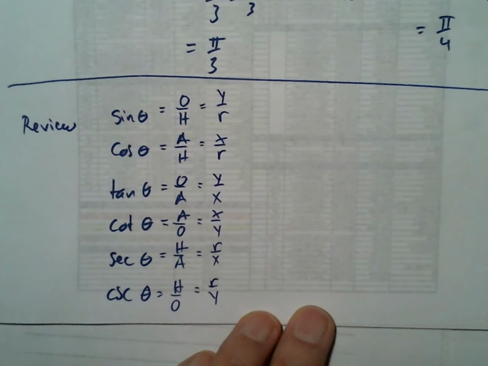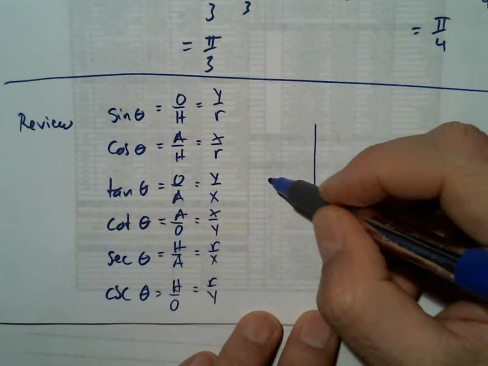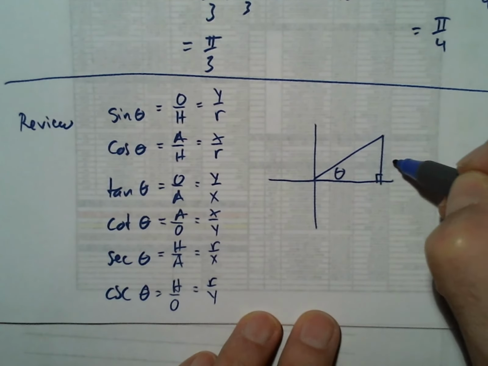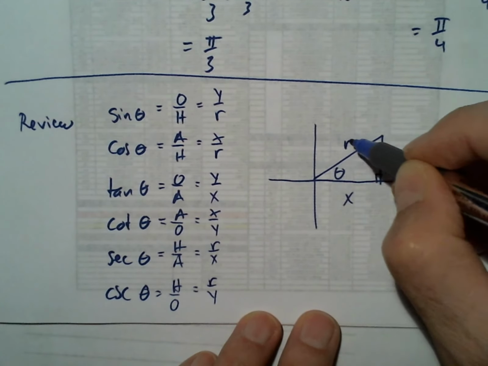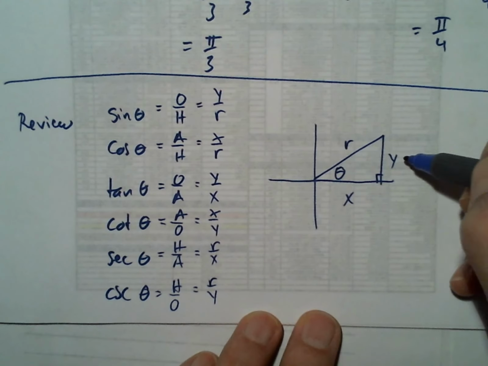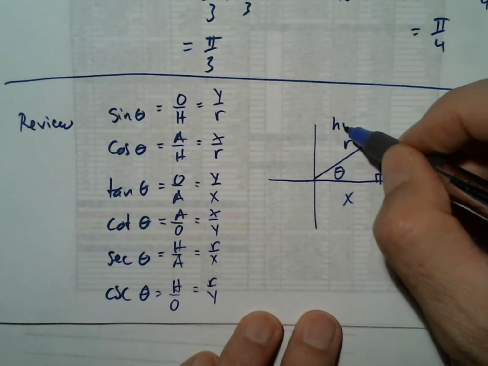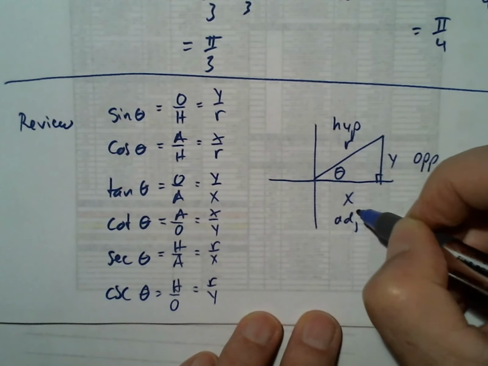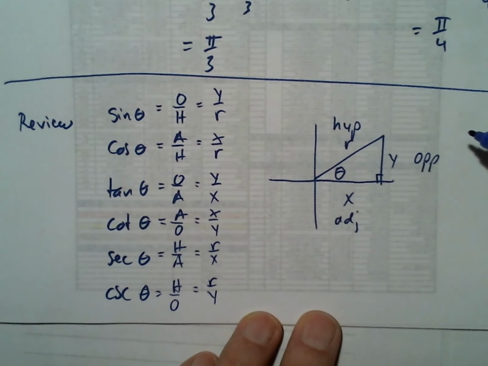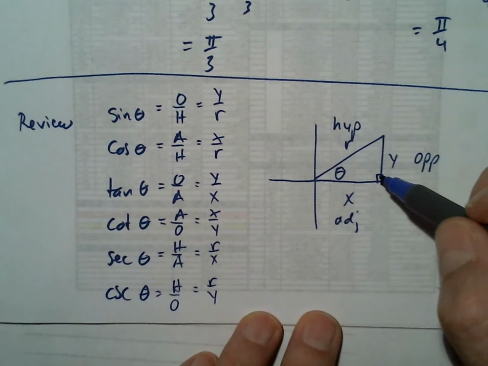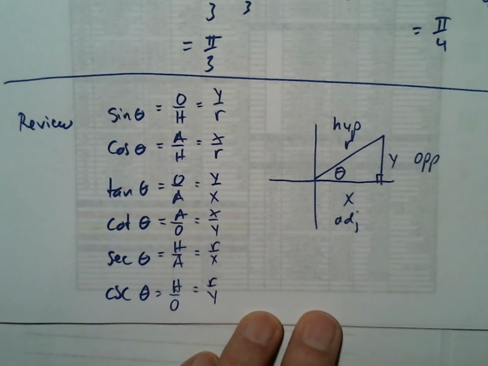And that's in reference to theta: y, x, and r, and that's the same as opposite, adjacent, and hypotenuse. And when we look at it this way, we can have positive or negative x and y, but the r will be positive for now.